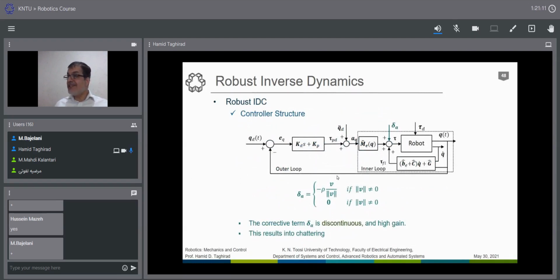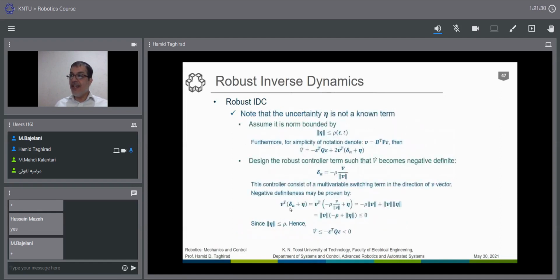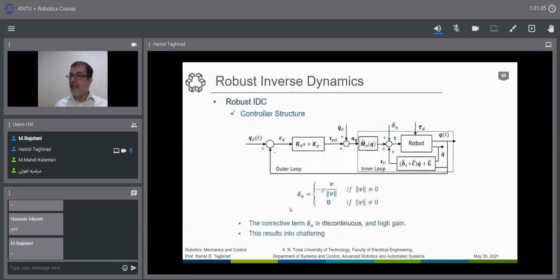We have all the previous cases, the inner loop, the outer loop, everything like the robust computed torque method or the IDC method, but we have only added one robustifying term, delta A, which, as you see here, is something like that.